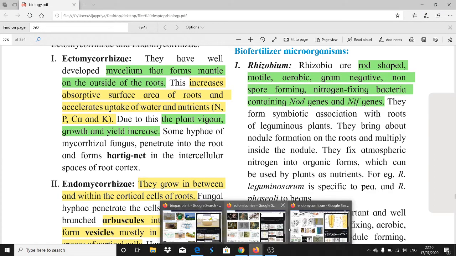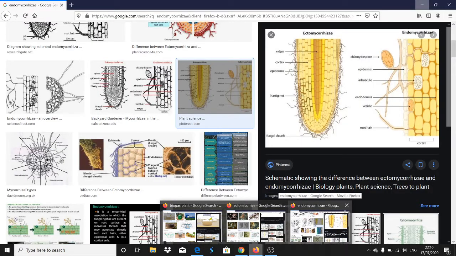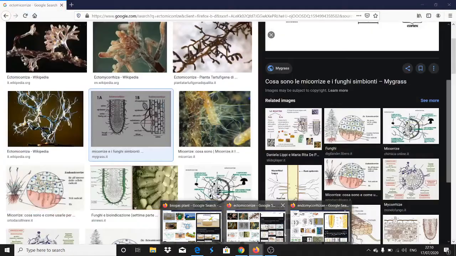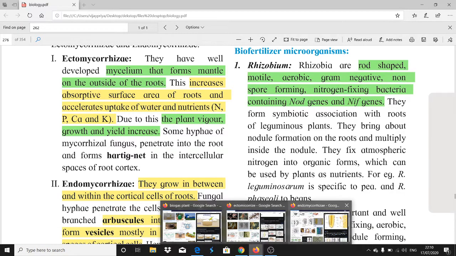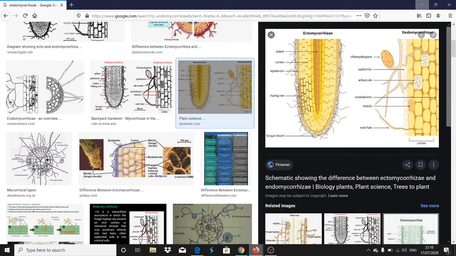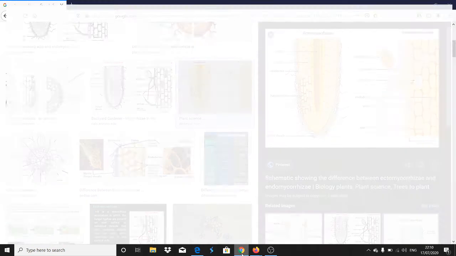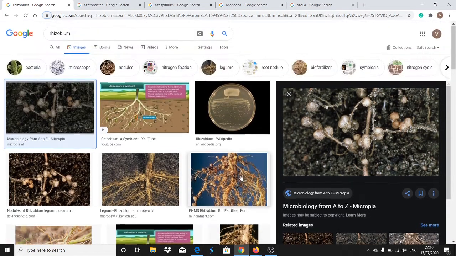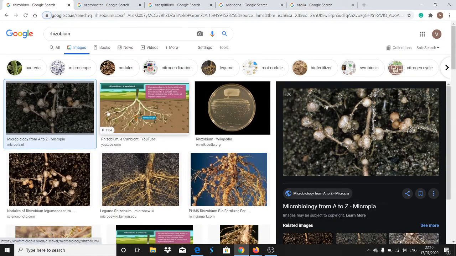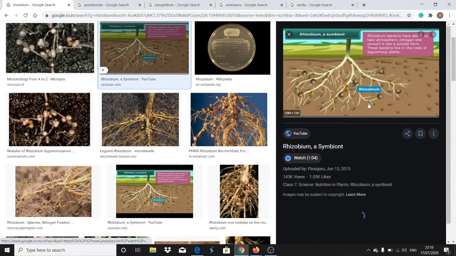So you can observe in the diagram how the Rhizobium looks like. Yes, so this is the Rhizobium. You can observe in this diagram, these are the root nodules, and Rhizobium is situated here.